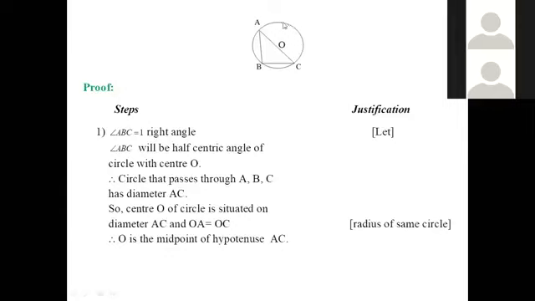That's why ABC will be the half centroid angle of the circle with center O.